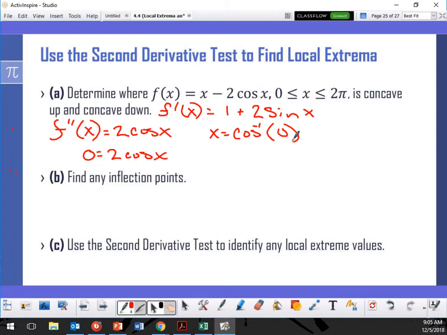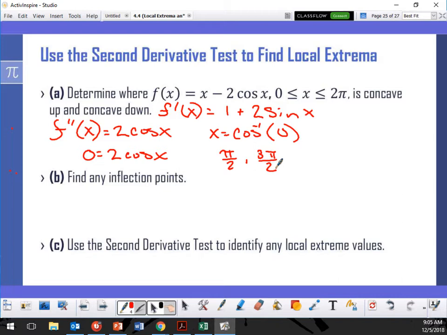If you have a unit circle in front of you, pi over 2, right? There are two numbers: we have pi over 2, and we have 3 pi over 2. Those are the places where it's going to be equal to 0, right?